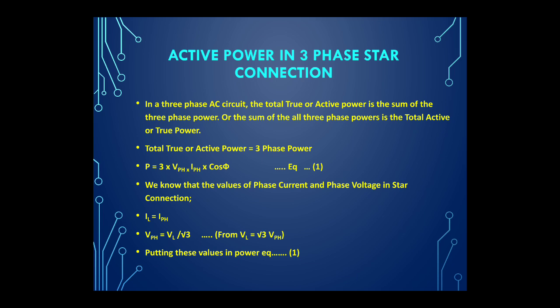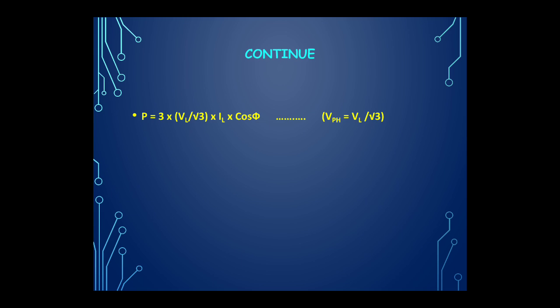Putting these values in the power equation, instead of VPH we can write VL by root 3, and from this equation P equals 3 into VL by root 3 into IL into cos phi.